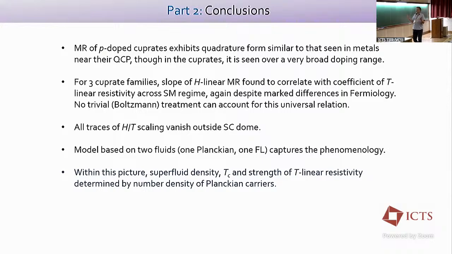But within this picture, the superfluid density, Tc and the strength of the T-linear are determined not by the strength of coupling to these spin fluctuations that are suggested on the electron-doped side, but by the number density of these so-called Planckian carriers.